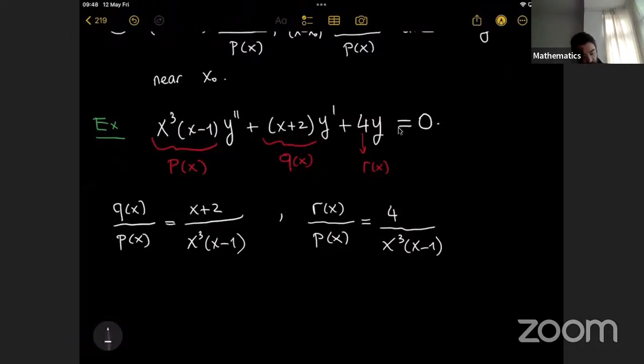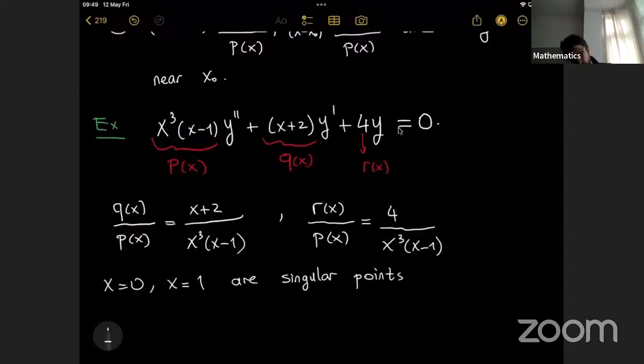So x is equal to 0 and x is equal to 1 are singular points of, let's say, star. Let us check whether they are regular singular points.